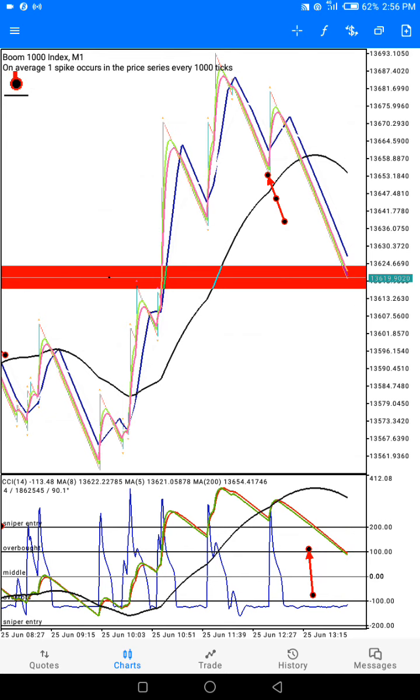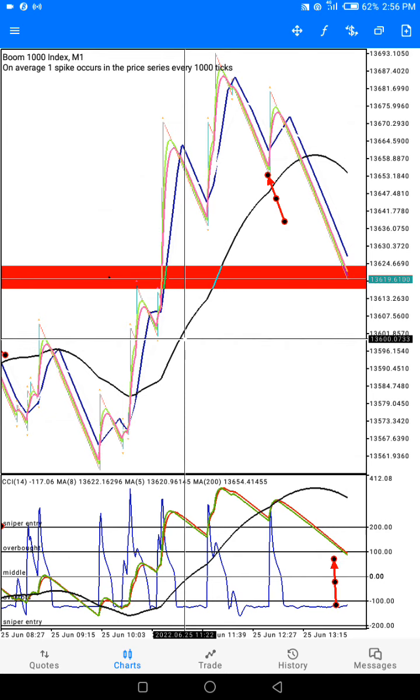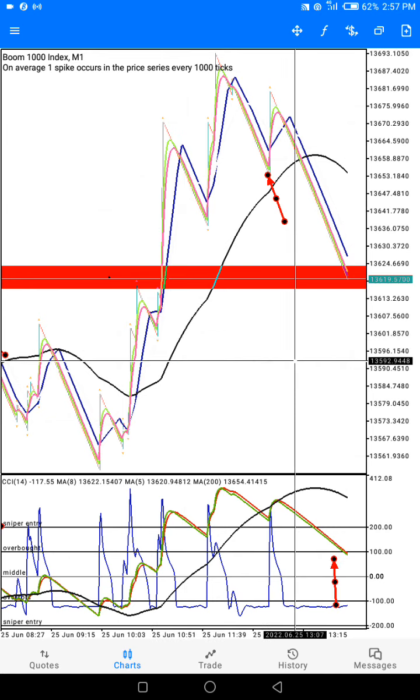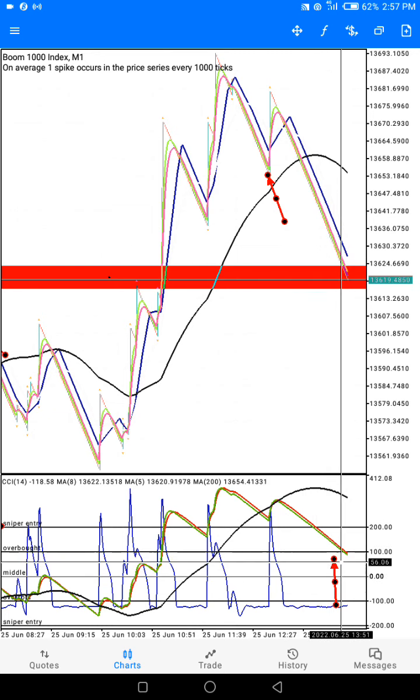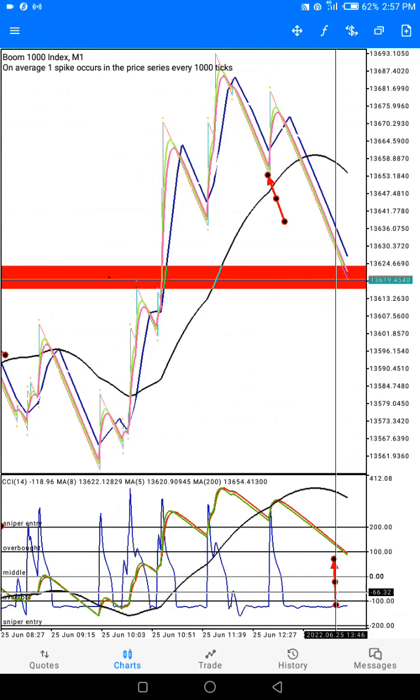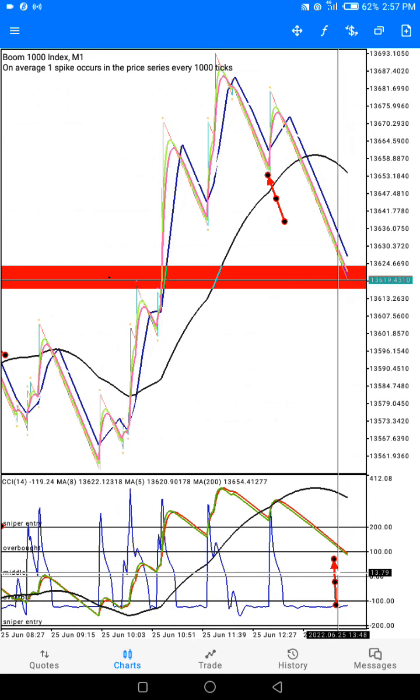Now looking at this level, as soon as the price gets to this level, this region, you might see the spike action, because currently the price is already seated on the support and the resistance zone. Okay, let's move forward.